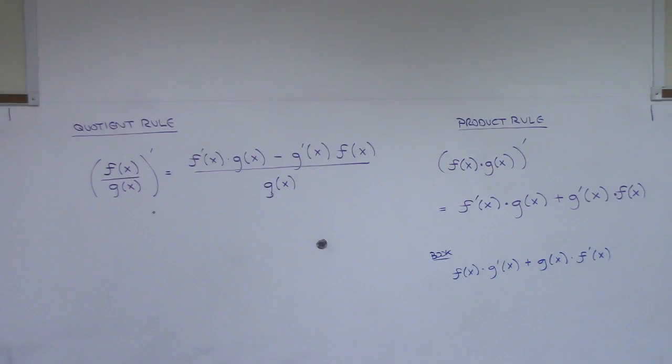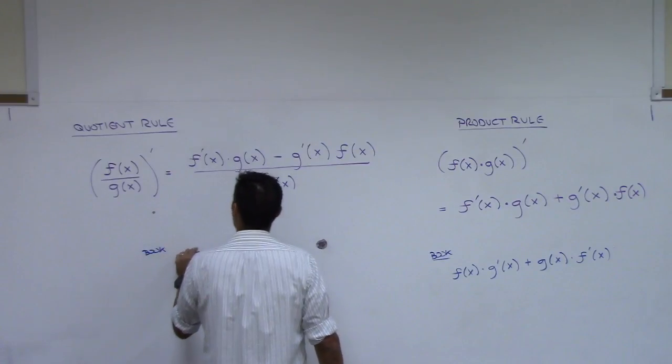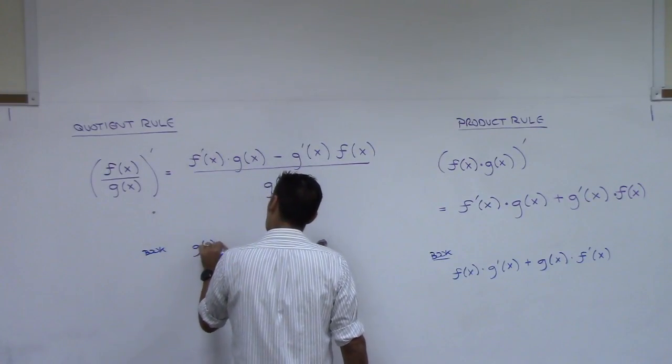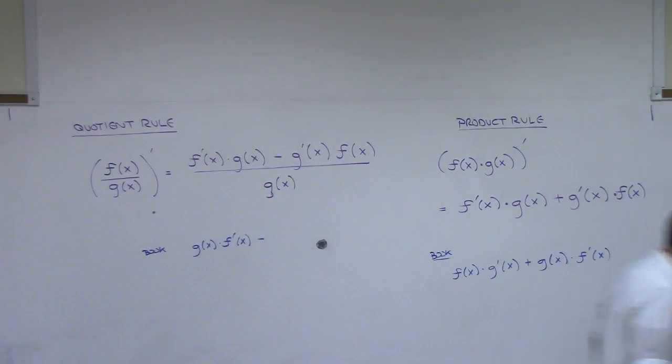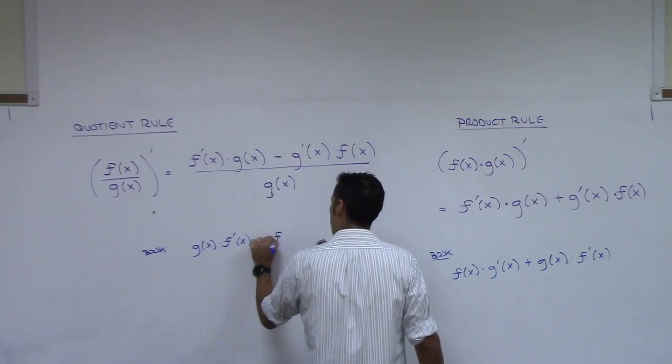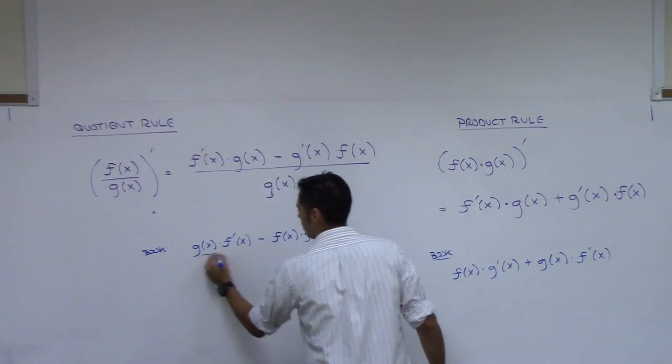Now, in the book, it has the quotient rule as g of x times f prime of x minus f of x times g prime of x. I'm going to explain why I'm showing this to you, okay?